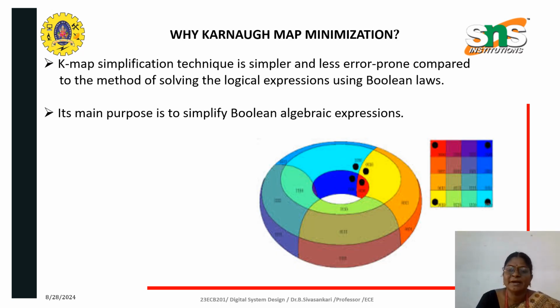So Karnaugh map is also named as K-map. As I said, there are three minimization techniques. First one is Boolean simplification, second one is Karnaugh map, that is K-map, and third one is Quine-McCluskey method, which is named as tabulation method. K-map simplification technique is simpler and less error prone compared to the method of solving the logical expressions using Boolean laws.